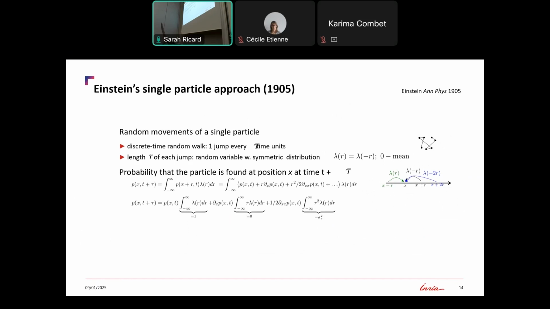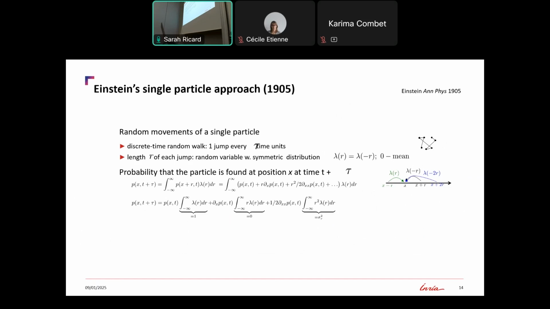So p of x exits, and you have integrals with terms that are just r and lambda of r. So this term is just the integral of lambda of r, and by definition, lambda is a PDF, a probability density function. So its integral is 1. So this disappears. You remain with these terms.